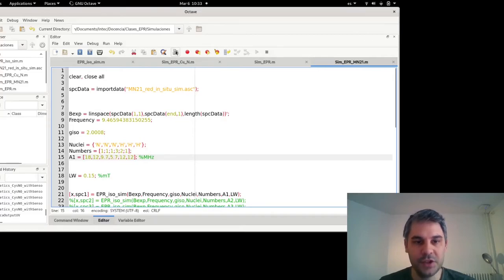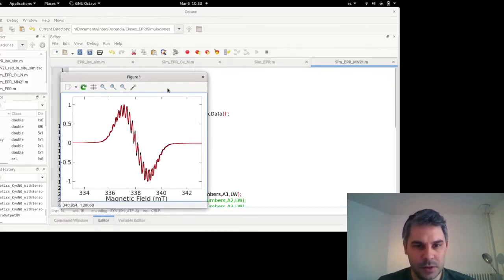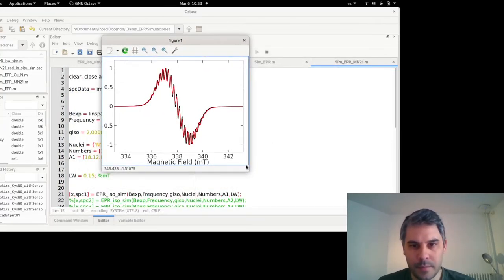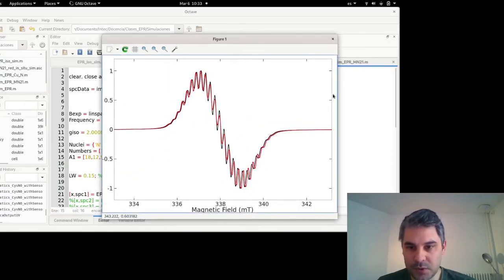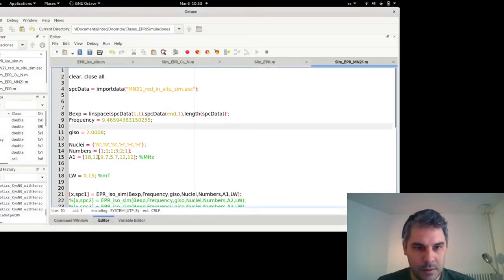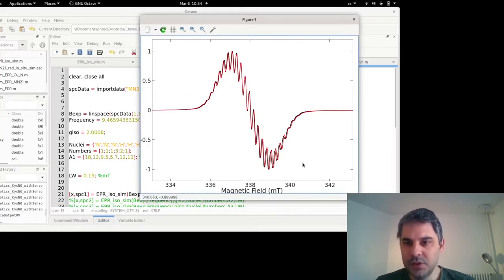One of the nitrogens. So in this way, I am getting almost a perfect fit. I can maybe decrease this further. So this simulation, for now, is good enough.